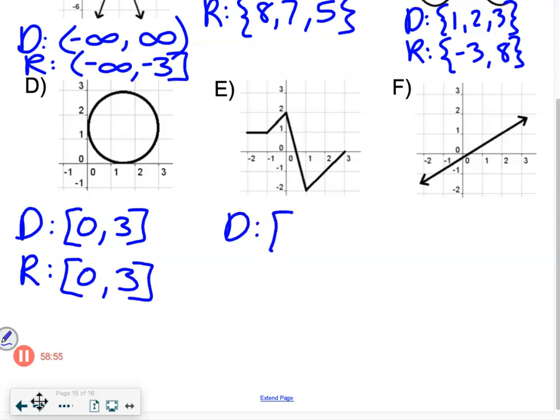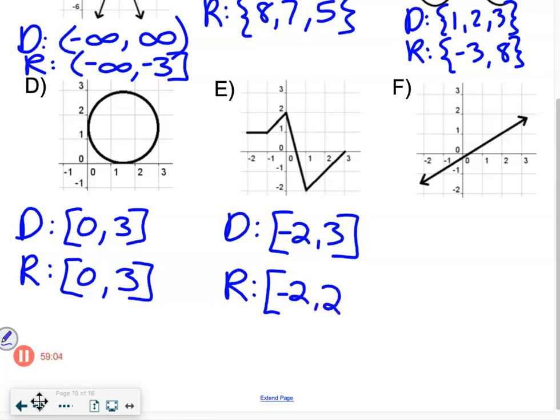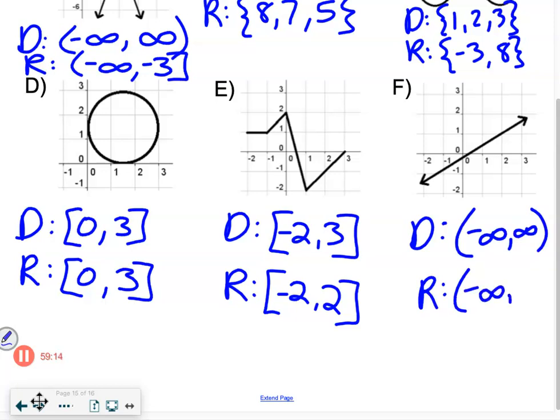Domain, -2 to 3, left to right. Range, -2 to 2. We're going low to high. And this last one is going to hit every single x value and every single y value. Whew! That's the end, guys.